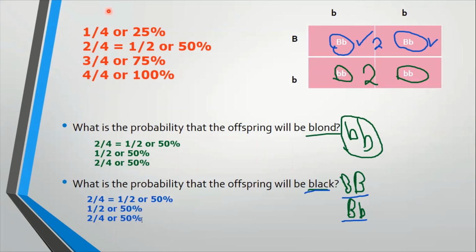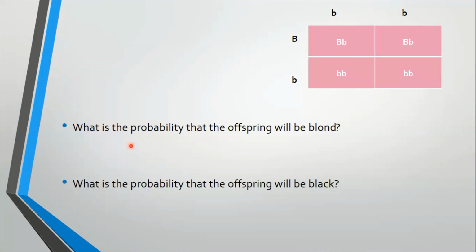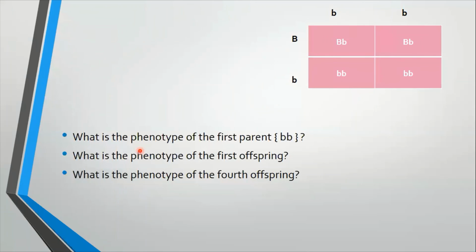You can write this or this or this. Okay, that is the answer of these 2 questions. It is 2 over 4, that is 1 out of 2, or 50%, for both questions. Okay, let's go to the next questions.